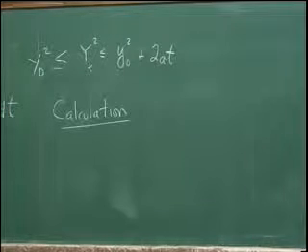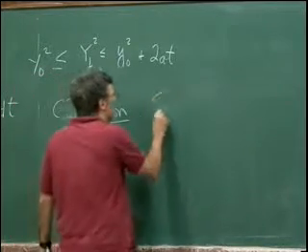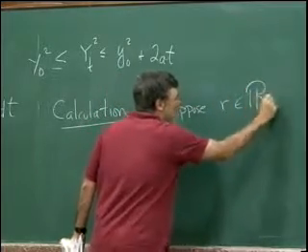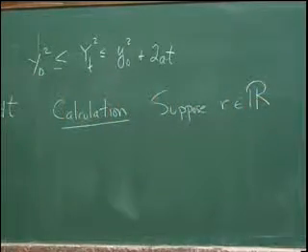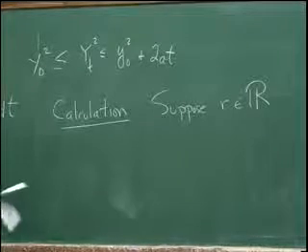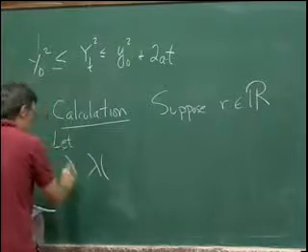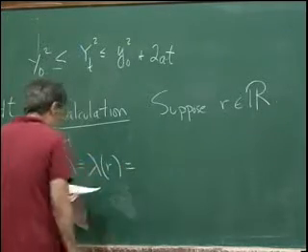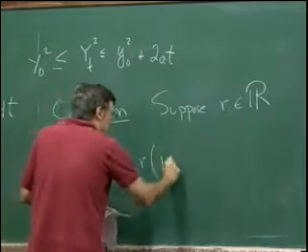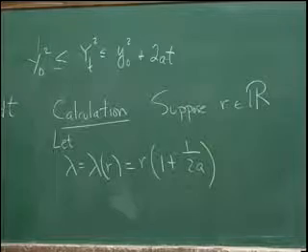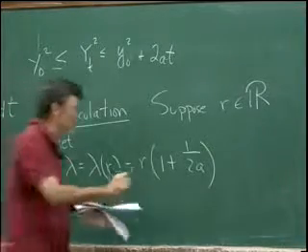And here's the main calculation that I can't really motivate except just do it. Suppose R is a real number. Let lambda, which depends on R, be, remember a is 2 over kappa, so you can convert these to kappas if you want.